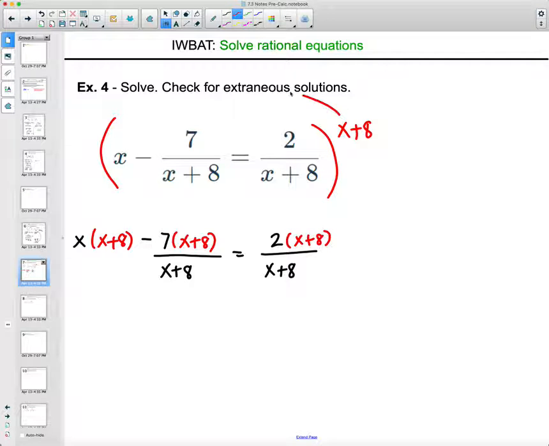Make sure you distribute it to every single piece. Then we'll start simplifying. x plus 8 over x plus 8 is 1 in this one, and 1 here. So we have x times x plus 8, negative 7, equals 2.